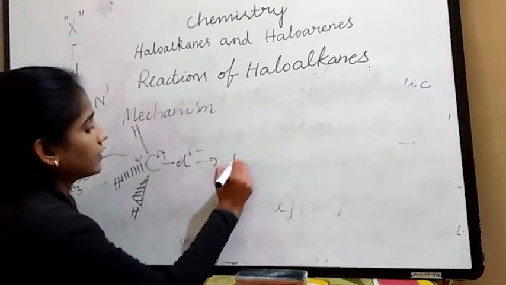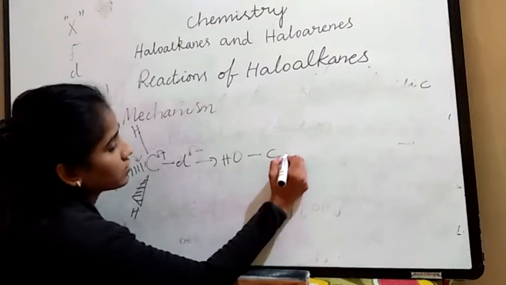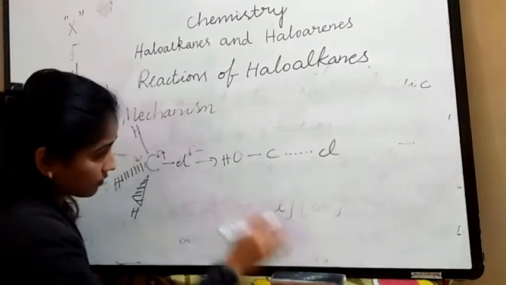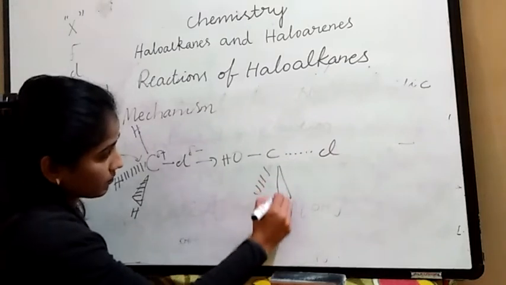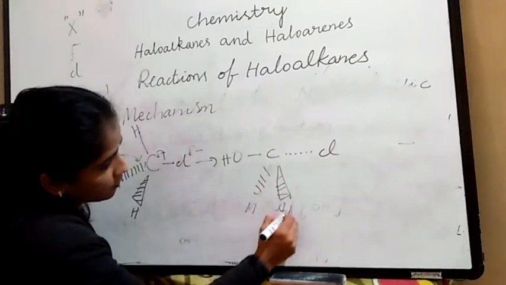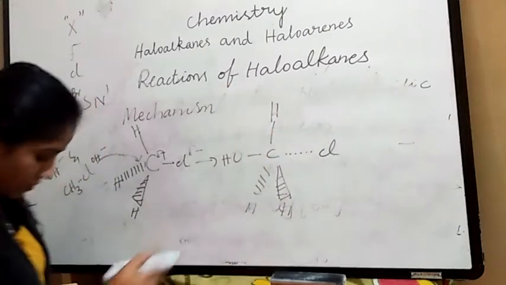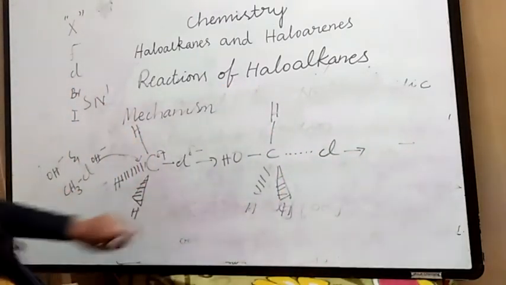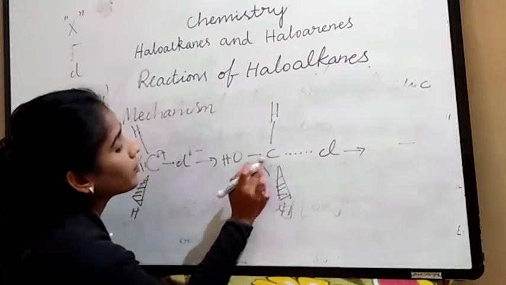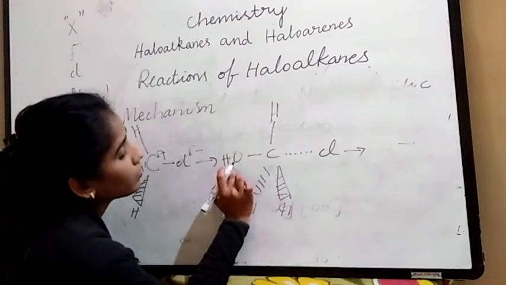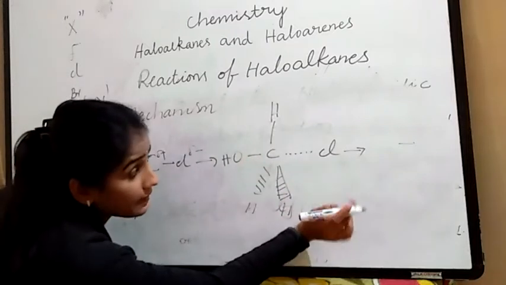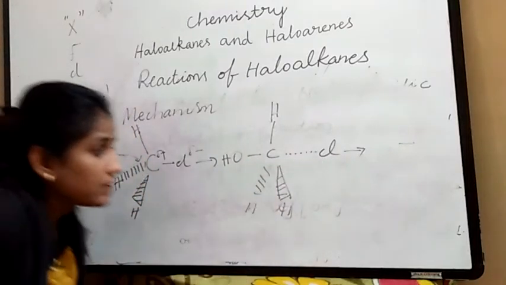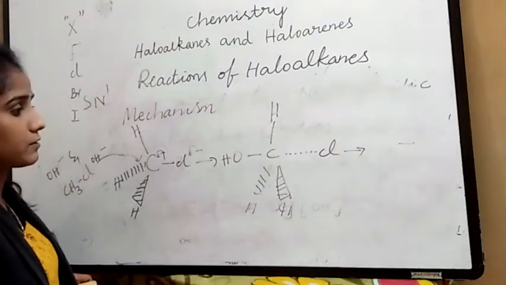So I will get an intermediate state like OH, C, Cl, H, H, H. This is an intermediate state, and then simultaneously the bond between C and OH forms, and simultaneously the bond between C and Cl cleaves, meaning departure of the halide will take place here.